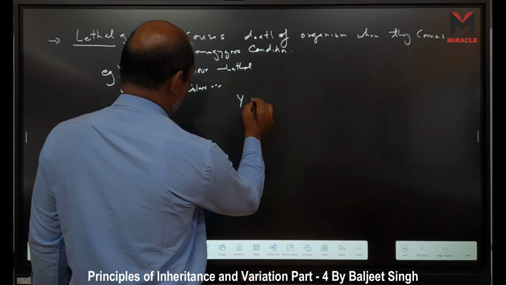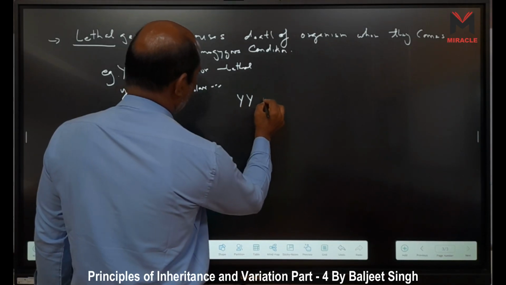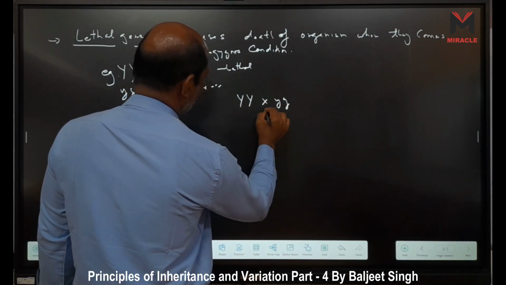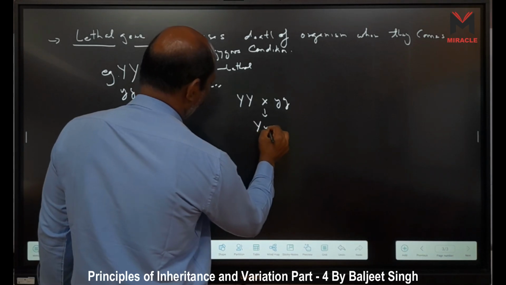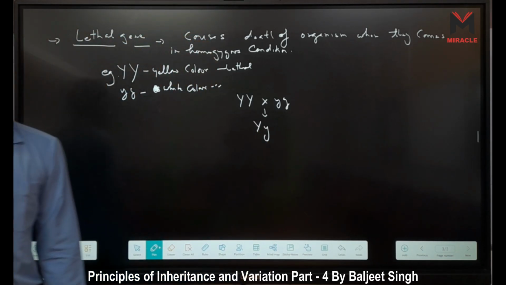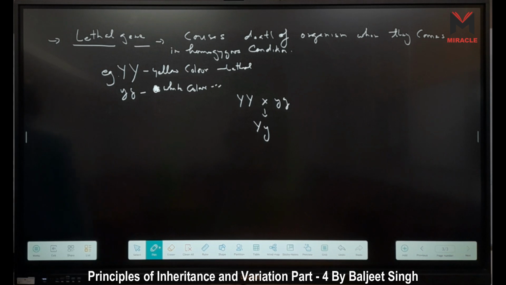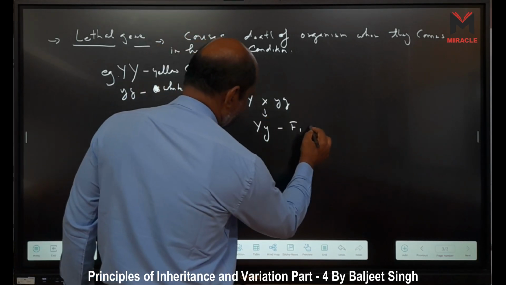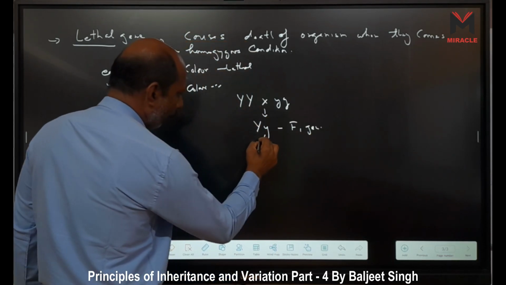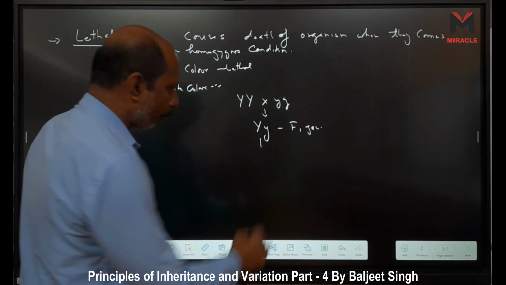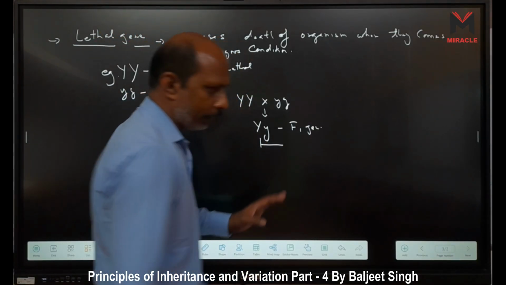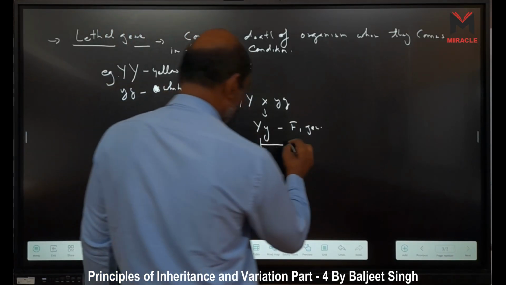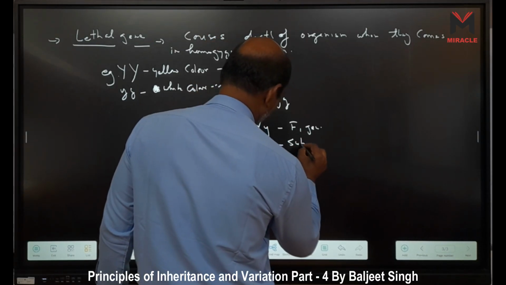If we cross capital Y with small y, in the F1 generation we get capital Y and small y. And because it is an animal, here we cannot write self pollination, we should write sibmating.